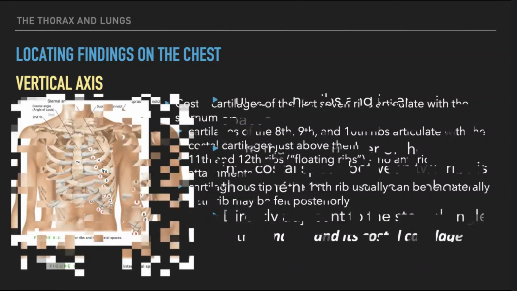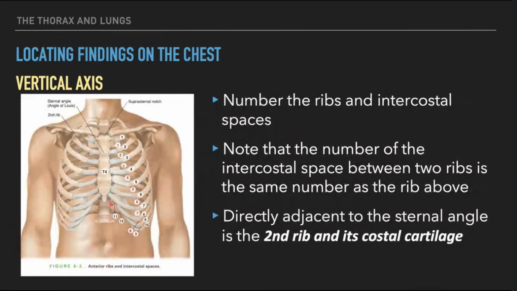Let me just go back one slide. So these are the number of ribs and intercostal spaces, and note that the number of the intercostal space between two ribs is the same number as the rib above it. Let's say, for example, the second rib. Below it is the second intercostal space, and so on down the line.